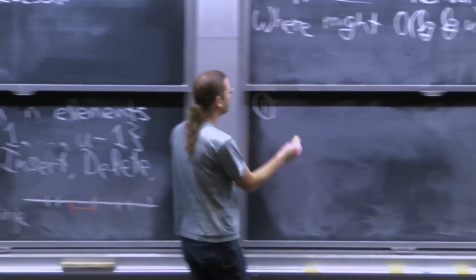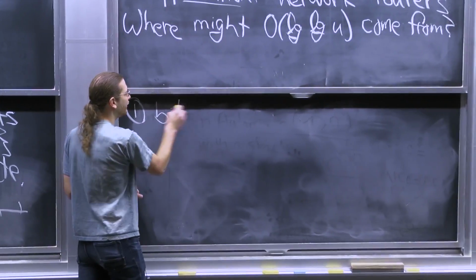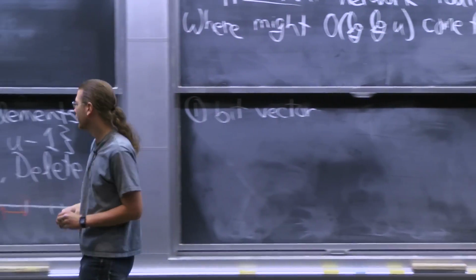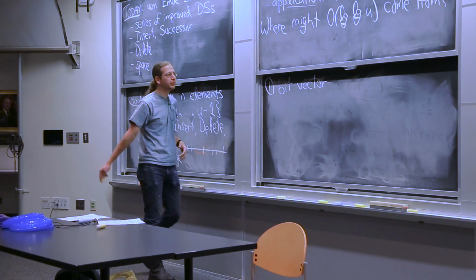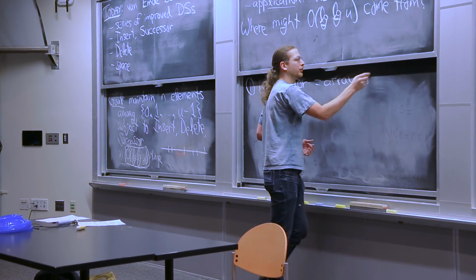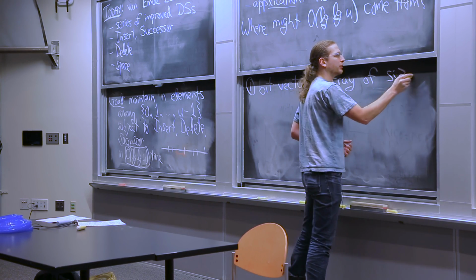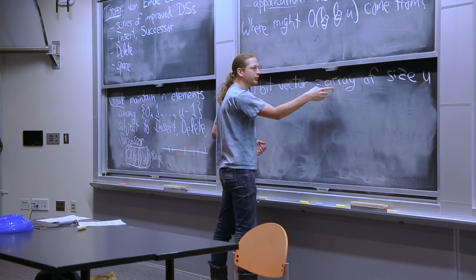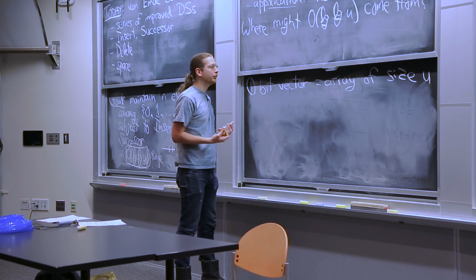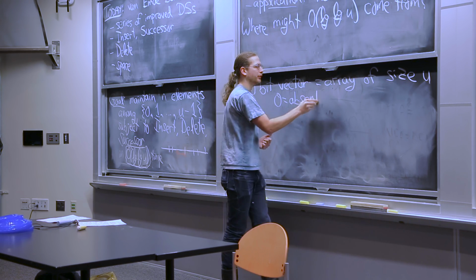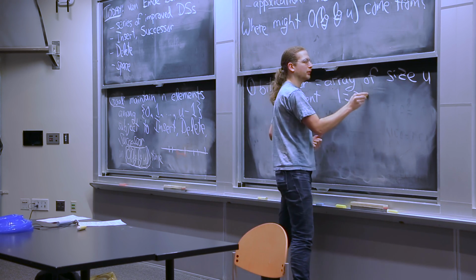This is normally called a bit vector, where I want an array of size u. And for each cell in the array, I'm going to write 0 or 1. 0 means absent. 1 means present. It's in the set.